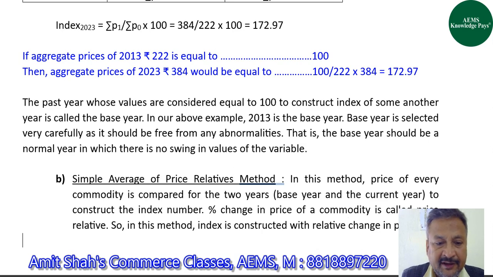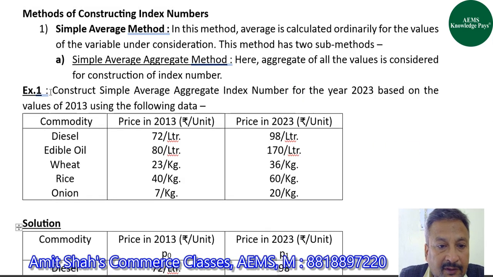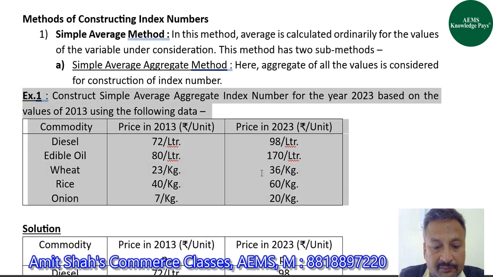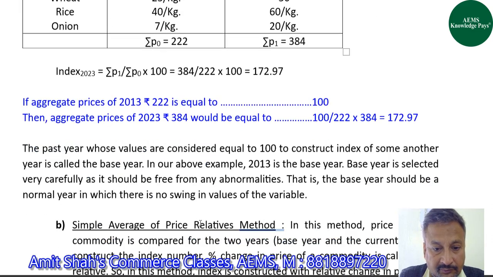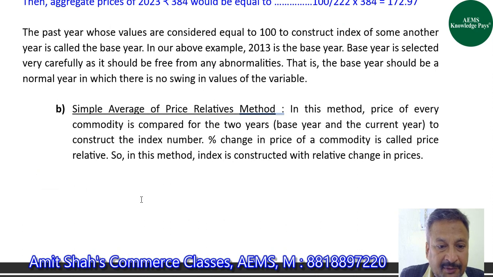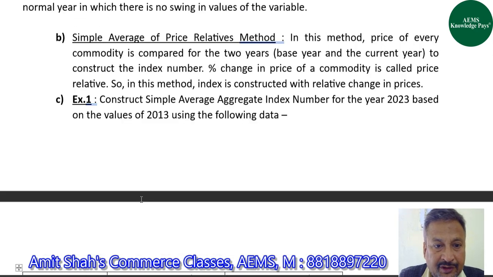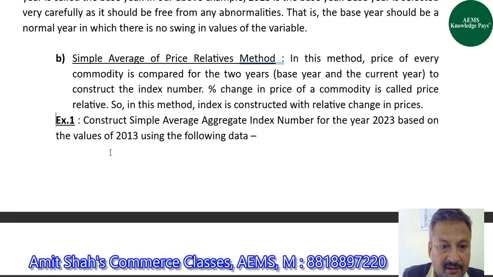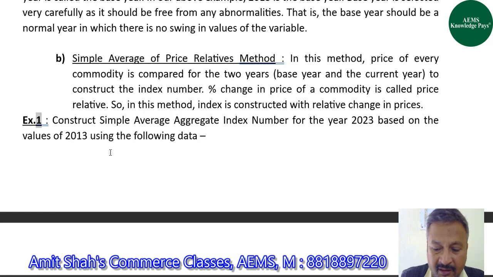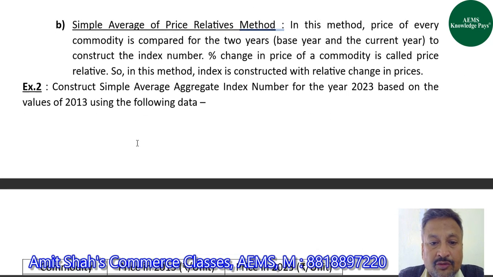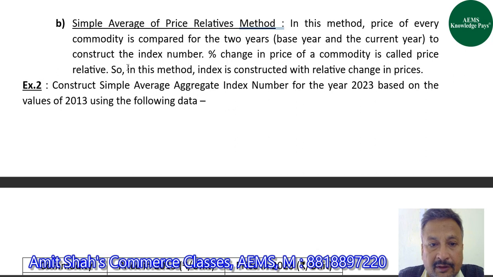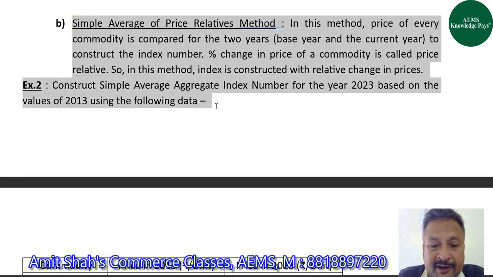You will understand this with example, guys. The same example I am taking here, which we used yesterday, that is same data, example 2. So note down this much, guys, all.